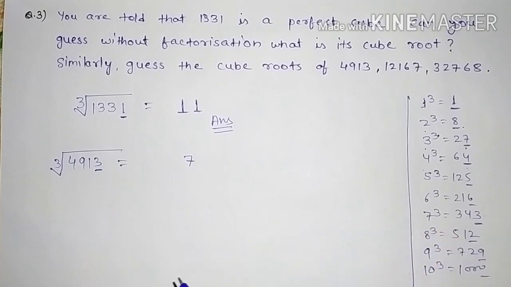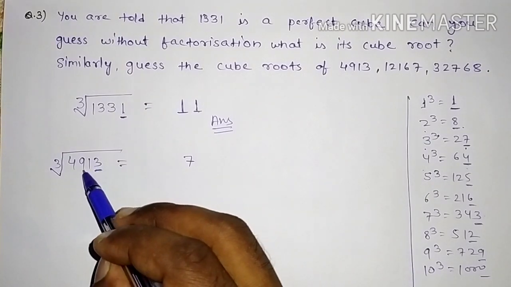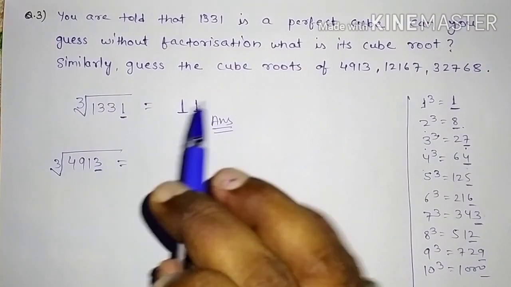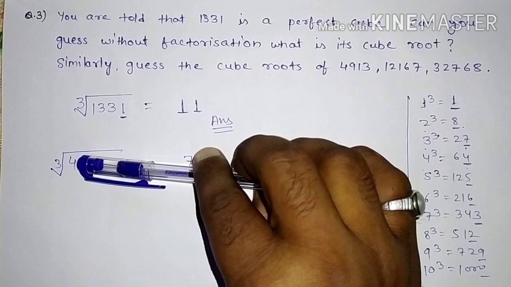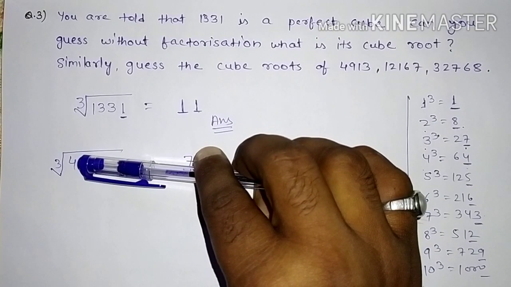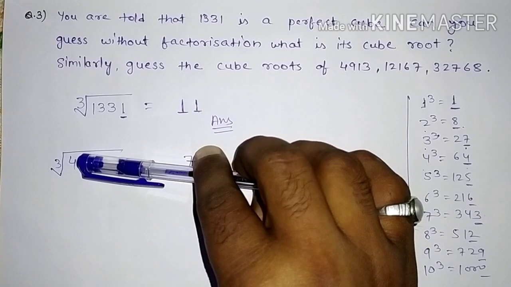Now the next step is to cover 3 digits from the right side. So 913, these 3 digits we can cover. And what is left here? 4 is left. So again we have to find the number whose cube is nearer to 4. Cube of 1 is 1.